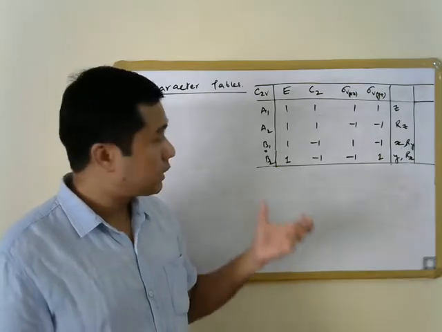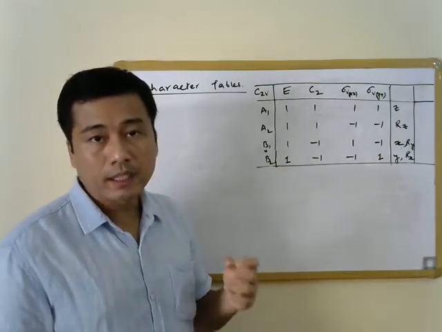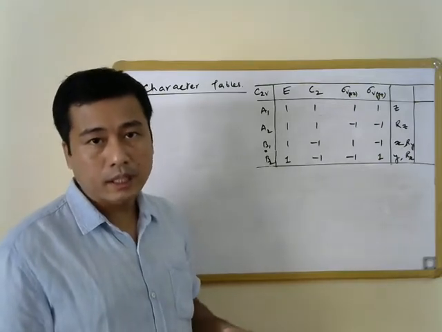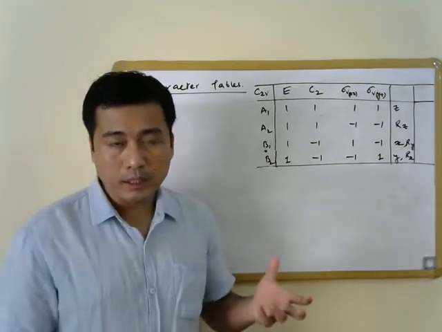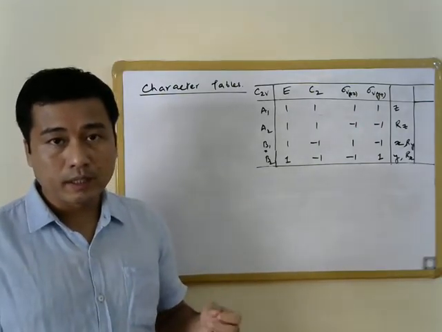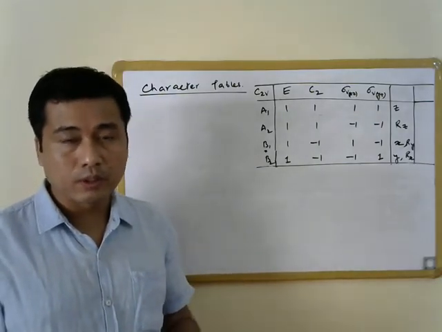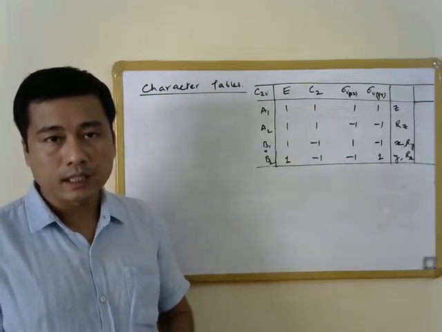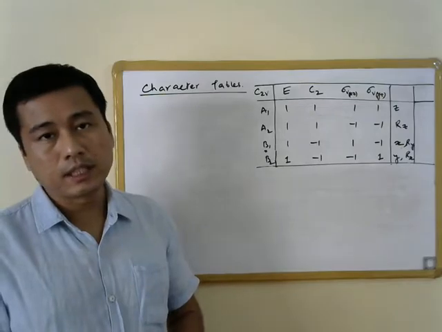This can be simplified by taking the d orbitals as the basis. As we know, the d orbitals can be expressed by these quadratic functions. We know the shape of the d orbitals: z square, x square minus y square, yz, xz, and xy.